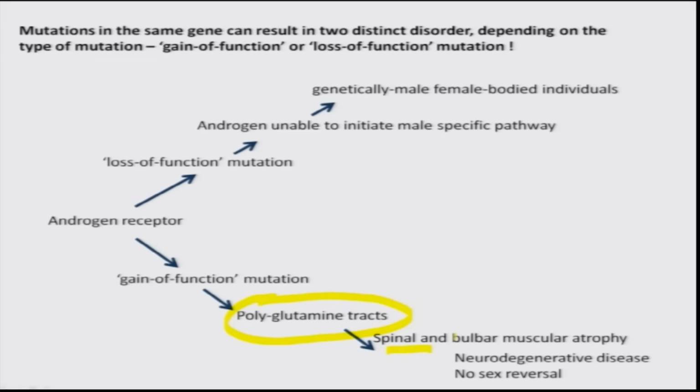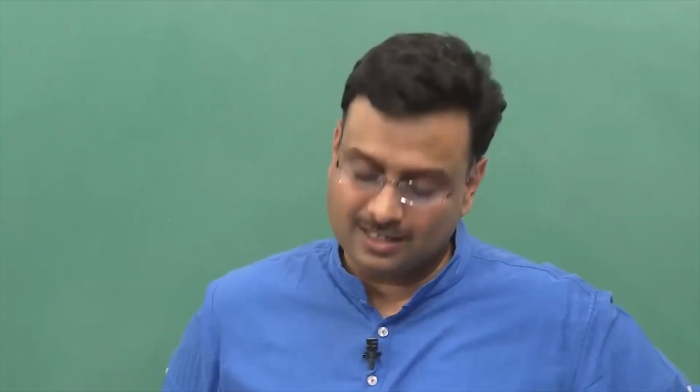But an individual who has this disease, spinal bulbar muscular atrophy or SBMA, is not like the other group, that is, genetically male but phenotypically female. That is not the condition here. They are genetically male, they are male, but they could still have the other condition, that is the neurodegeneration because of gain of function, the polyglutamine toxicity, but the protein did not lose its original function, that is binding to androgen and activating male specific gene expression.